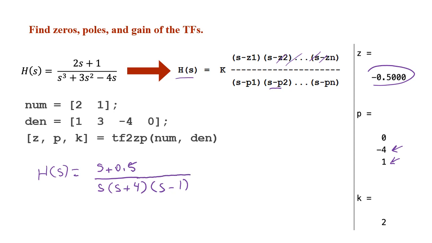Finally, for the gain, we can simply multiply the gain by everything we have in here. So now what we've done is we've used the tf2zp function or command in MATLAB to help us obtain the zeros, poles, and gain, so that we can rewrite the transfer function from this form into this form on the right hand side.